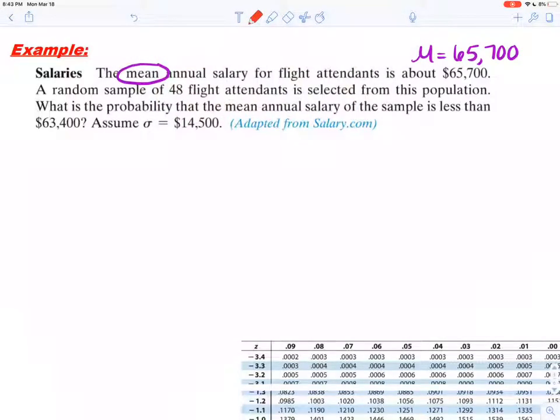Now, the next sentence should be the first thing that kind of jumps out at me as far as knowing that I'm going to need to use this slightly different standard deviation, because notice I'm not asked to look at an individual value, not one flight attendant, not one salary. I'm asked to look at a sample of 48.